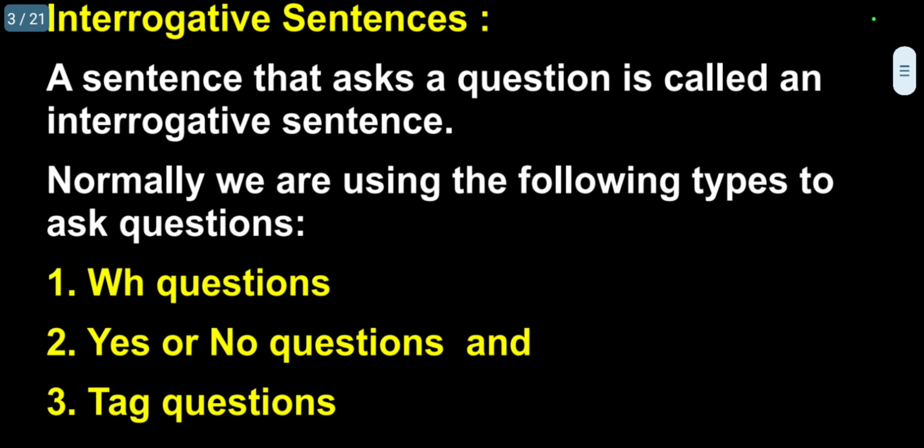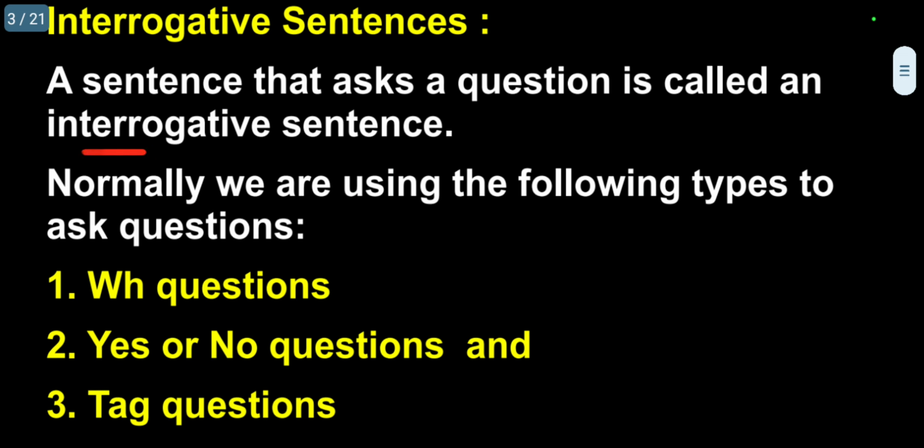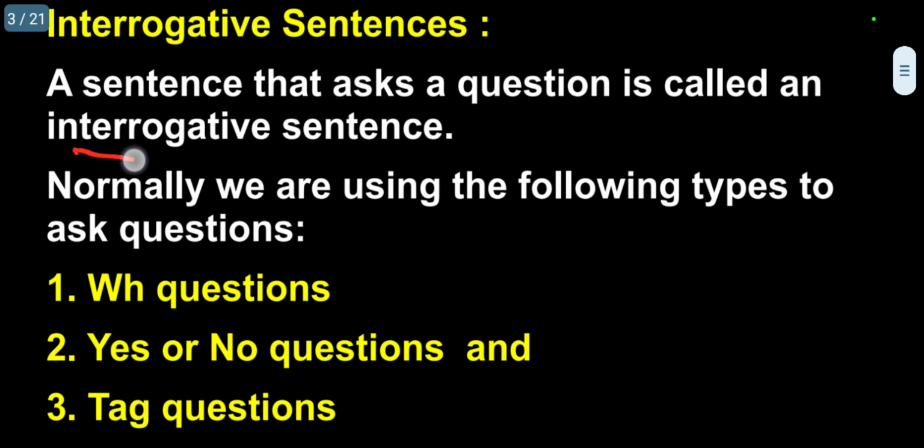What is an interrogative sentence? A sentence that asks a question is called an interrogative sentence. Normally, we use the following types to ask questions. Number one, WH questions. Number two, yes or no questions.